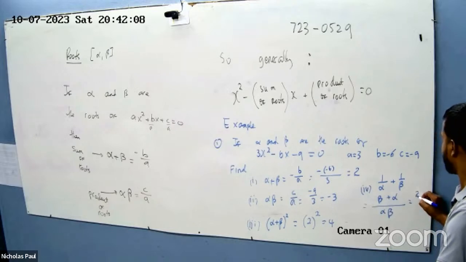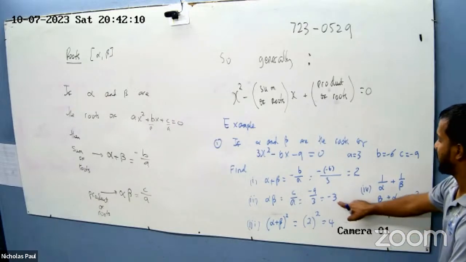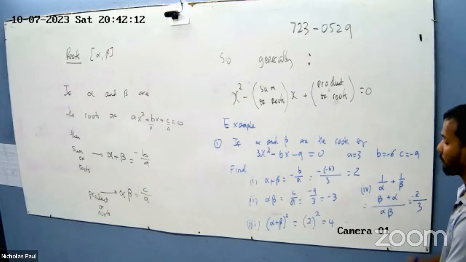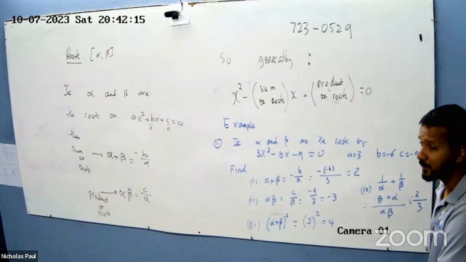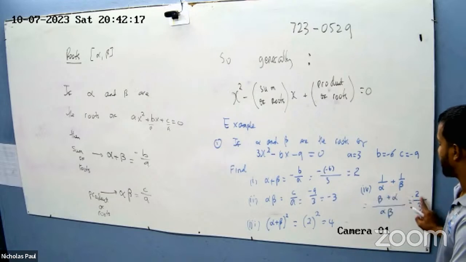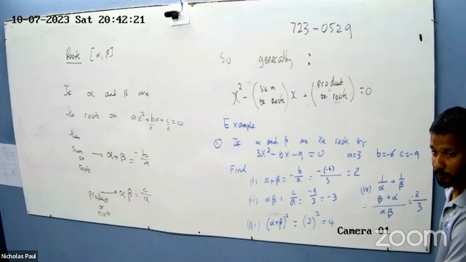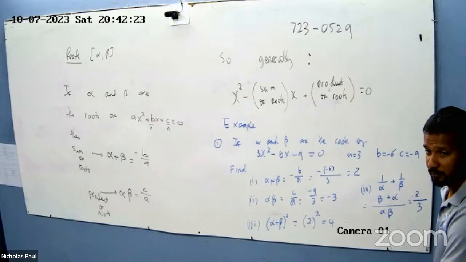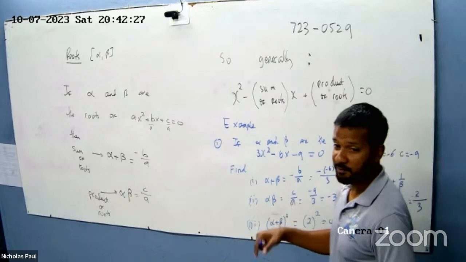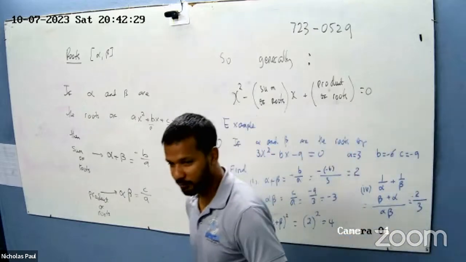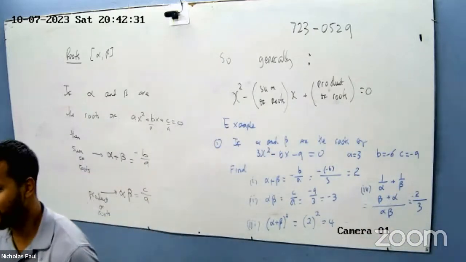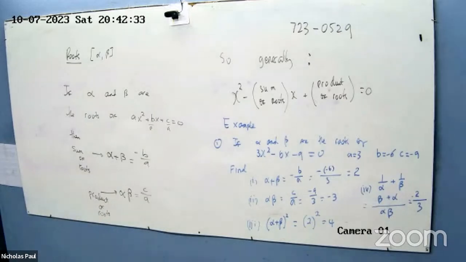This value is 2, and this value is minus 3. That's it. So the answer for this is minus 2 over 3. Okay with that? So this was the common board. Copy it up.